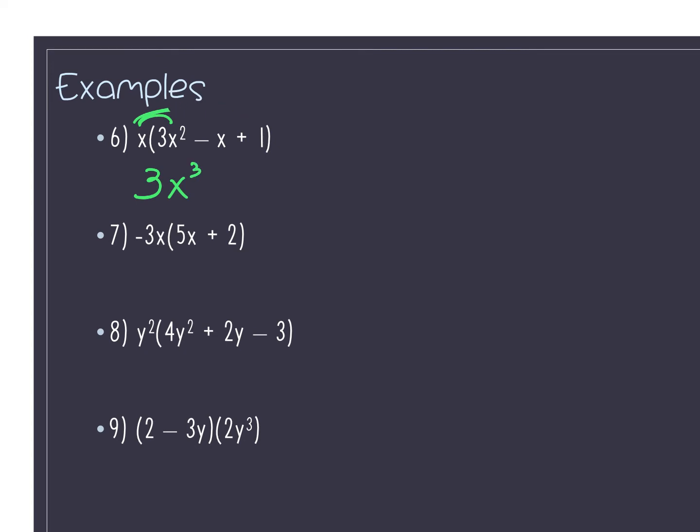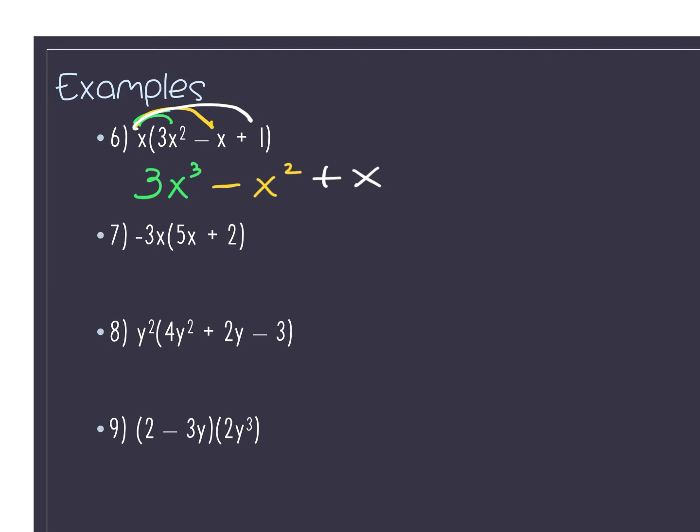Next, I'm going to distribute the x to the negative x, which will give me a negative x squared. Then lastly, I need to distribute the x to the positive 1, which just gives me positive x. And my answer is in standard form. No like terms to combine. These all have different powers on the x's, so that is in simplest form.